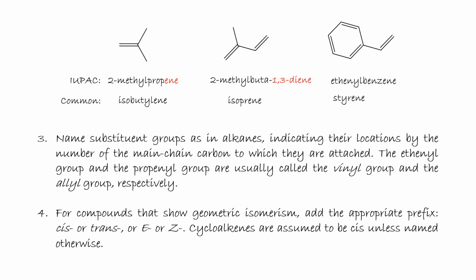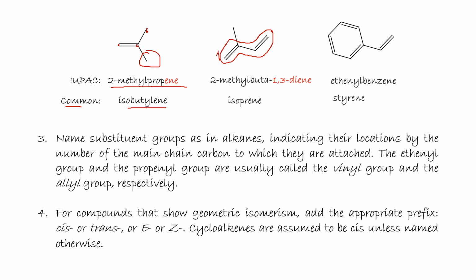For this compound, that's 1, 2, 3. So you have at the 2 position a methyl: 2-methylpropene. Common name isobutylene. Here you have 2 double bonds, so you have to take both of them, and then you can number.